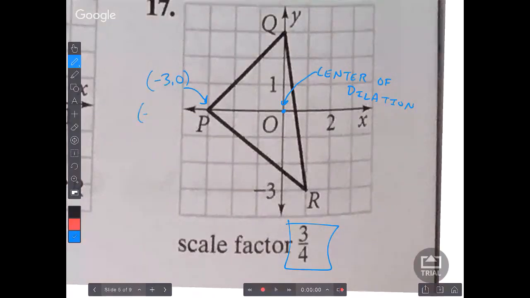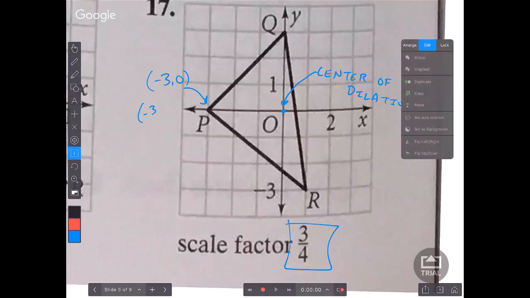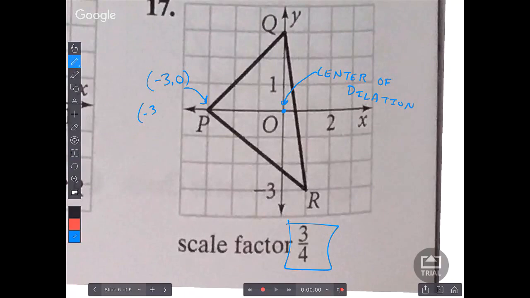And so it's going to become negative 3 times 3/4, which is negative 9/4. Negative 3 times 3/4, comma 0, which is negative 9/4, 0, which is 2.25.